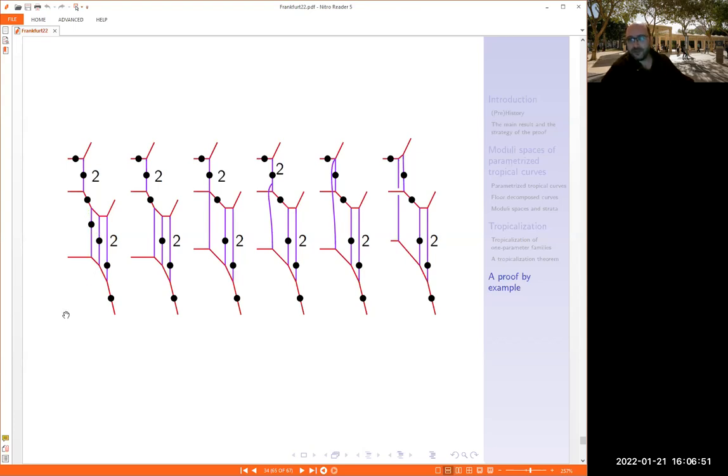And the first thing I do, I distribute points. In this way, I obtain this curve. So I distributed these points, and this was the tropicalization of the algebraic picture. So the first thing I do, I release this point that I show with the cursor. Can you see what I show? Okay, good. So I release this point.